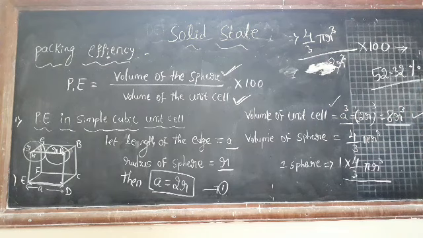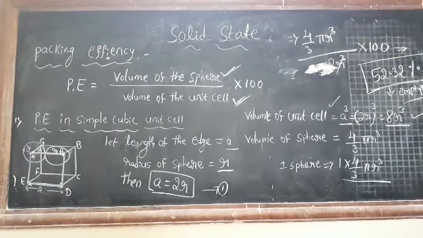This means that in the simple cubic unit cell, 52.32% of the space is covered by the spheres. The remaining part of the unit cell is empty.